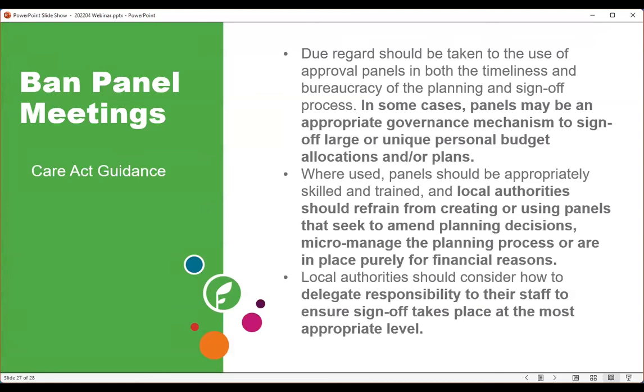You might get a group of people together to discuss those. But what you shouldn't have are panel meetings that look at every single assessment or application, that look at every shower, every stair lift, every ramp, and are micromanaging this process, or purely there to manage the budget. That should be delegated down to the grants officer, because at the end of the day, that's their job.